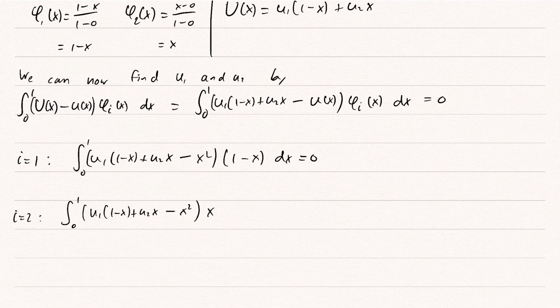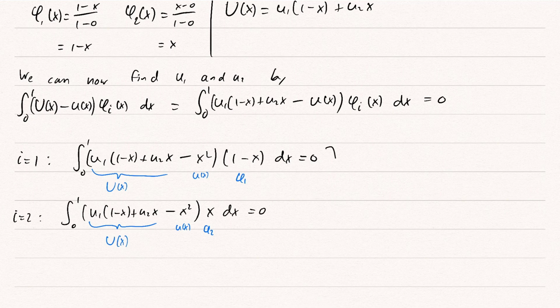So just to clarify, this is phi 1, this is phi 2, this is capital U of x, and this is u of x.